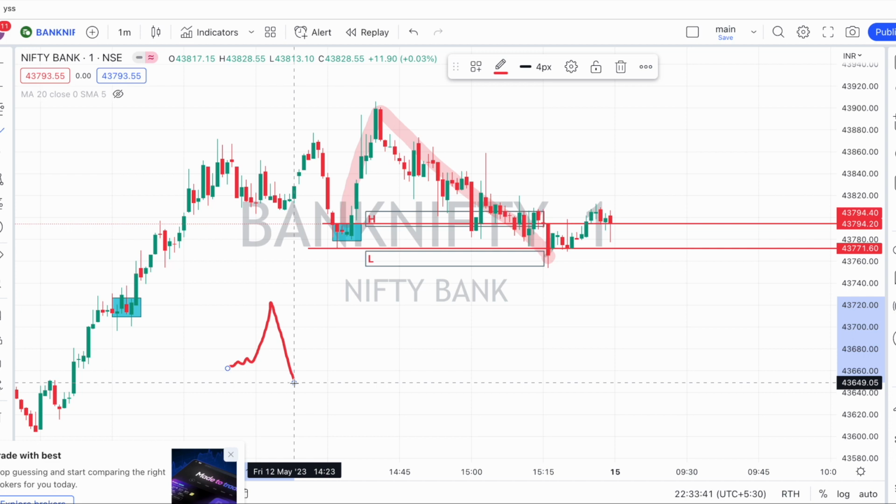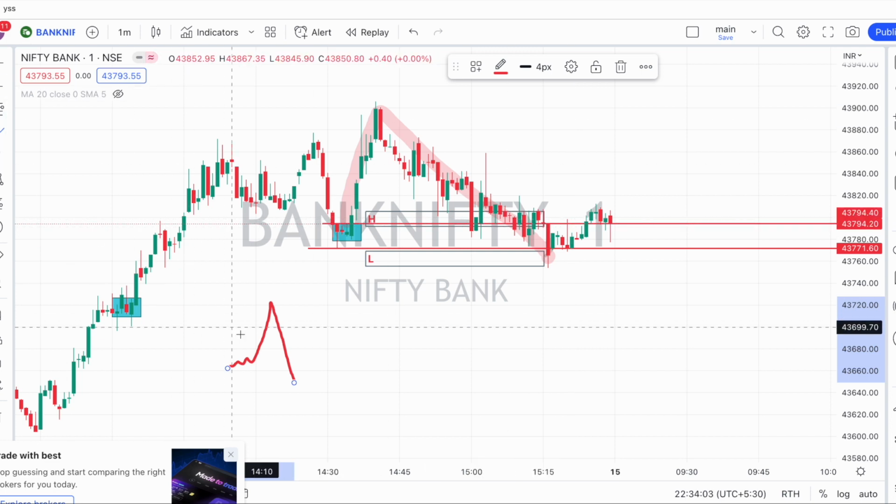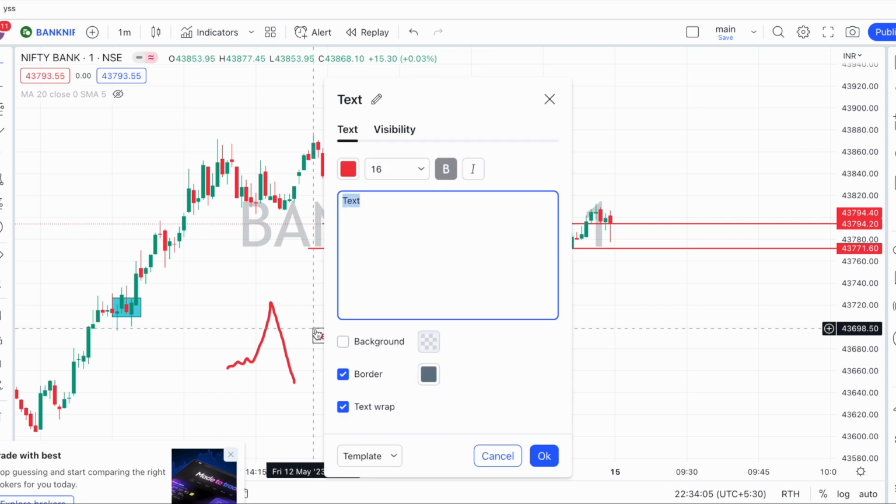Now, second point: after crossing this particular low, the price has to try to cross this particular high as well, maybe in the same candle or maybe in the upcoming candles. So for the edge formation, the first characteristic is that after a build-up, the price has to cross the low of the build-up.